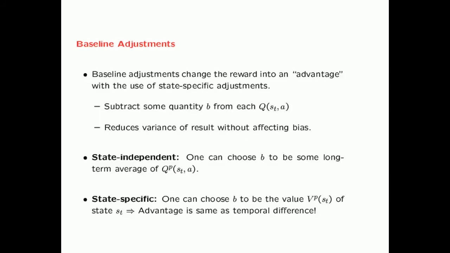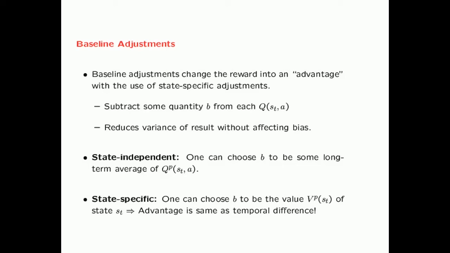So what you do is you take some constant value b, which is some long-term measure of average reward that you are expected to get. If you look at the original REINFORCE paper that Williams wrote, there they are using a constant baseline. And you subtract that constant baseline from this long-term reward.